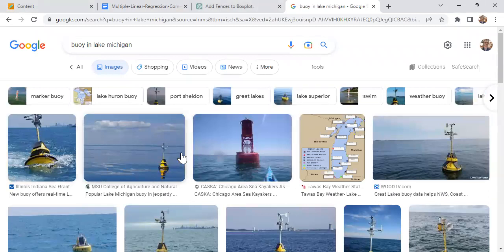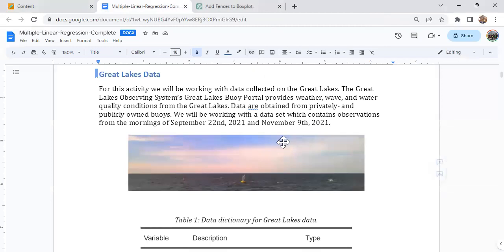These huge, often yellow things that can collect a lot of measurements about water temperature, wave heights, wind speeds, all kinds of things. And they just record data all the time, right? They use this to monitor the Great Lakes, to keep track of trends across time and improve our understanding of the Great Lakes.